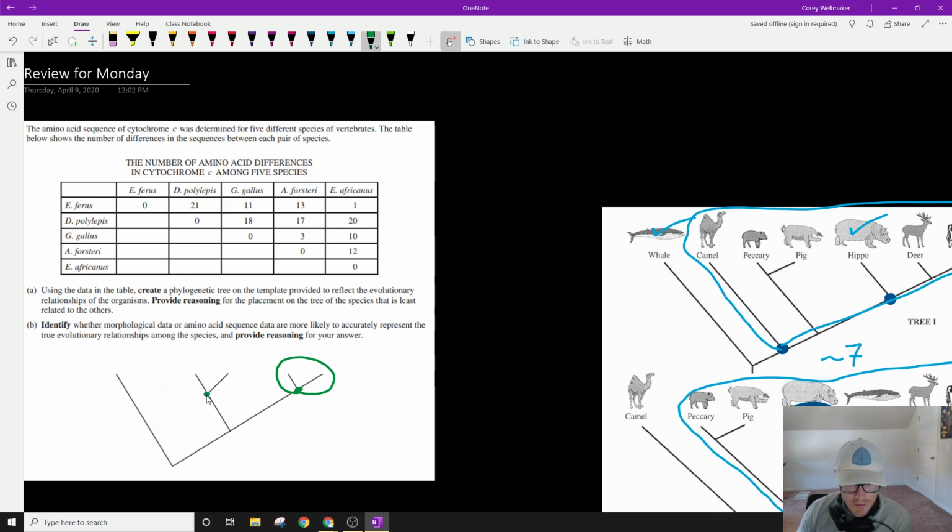And we should also find two that also have very few differences from each other. If I look up here, I already see a pair where there's very few differences, Africanus and Ferus. And then here's another pair where there's very few differences between them, Gallus and Forsteri.